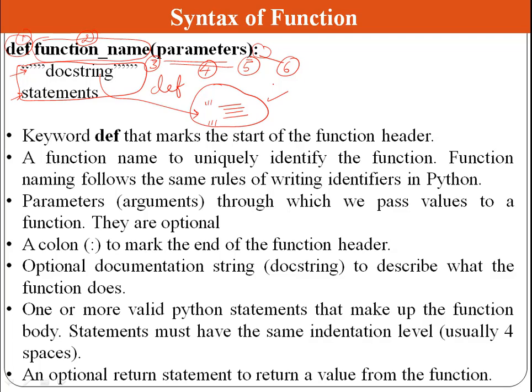Then you have a number of statements to write under this program, so you write all the statements in the body of this function. Again we come to the syntax of a function.